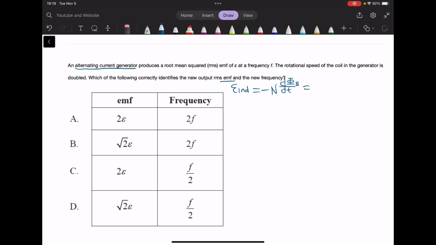And magnetic flux is equal to magnetic field multiplied by area multiplied by cosine omega t, where omega refers to the angular velocity of rotation. So differentiating everything, we get induced voltage is equal to negative NBA.